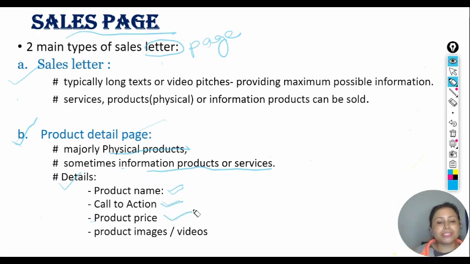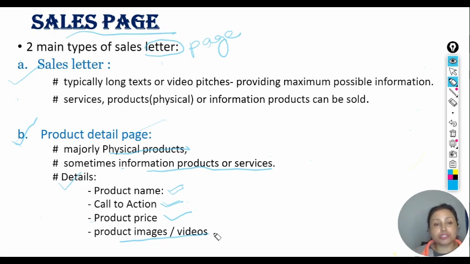The product price shall display the price of the product, whatever offer you are offering, or any kind of gifts or vouchers, etc. Then last is your product images or videos. Product images and videos give more clear information to your visitor.